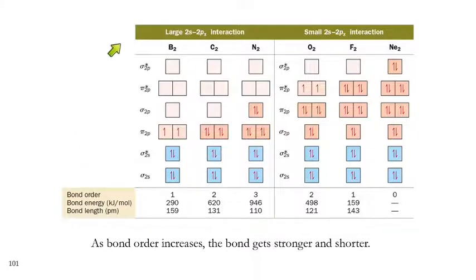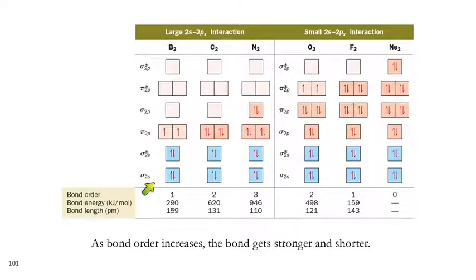So this table is showing us the molecular orbital diagrams for those last 6 elements in period 2. Boron, carbon, nitrogen, oxygen, fluorine, and neon. So boron, right? Each boron has 3 valence electrons, right? So they fill in 1, 2, 3, 4, 5, 6.